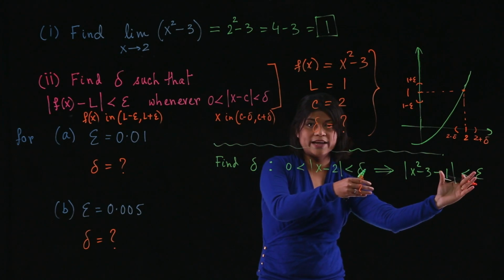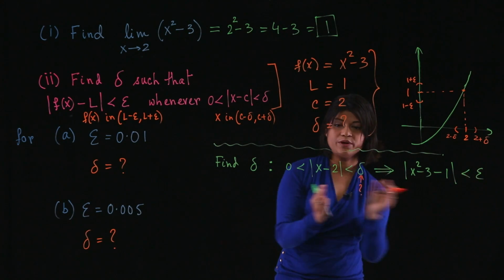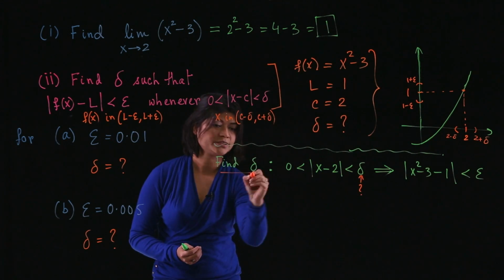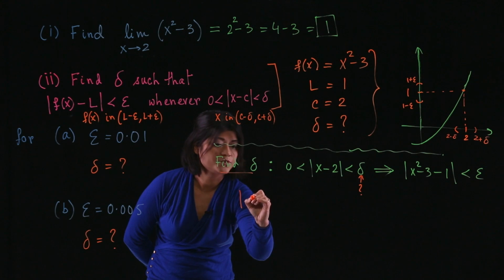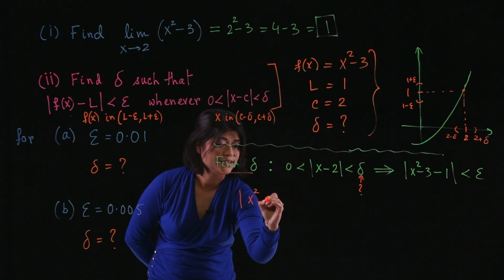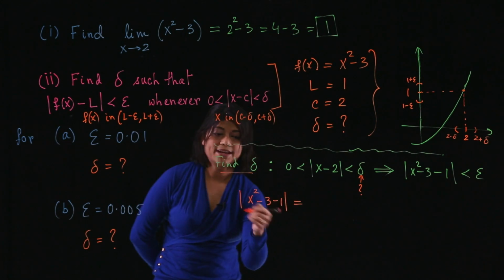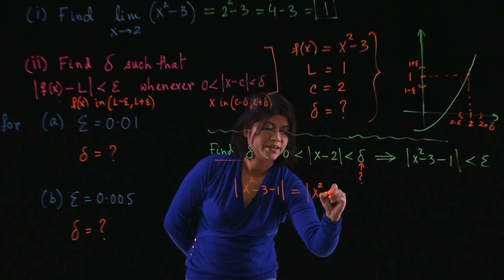To solve a problem like this, we actually have to go backward, because we have to start here and find an expression like this. So let's start with this expression: absolute x squared minus 3 minus 1. Let's manipulate that a little bit. This is equal to absolute x squared minus 4.